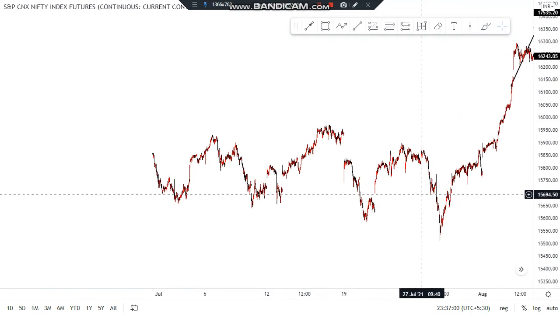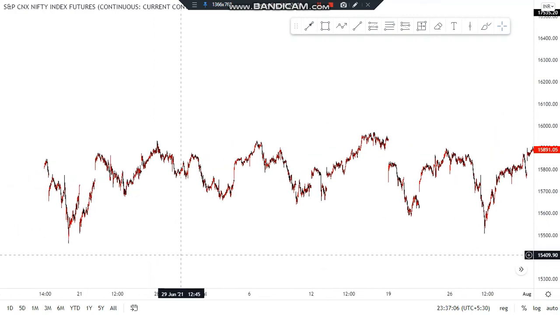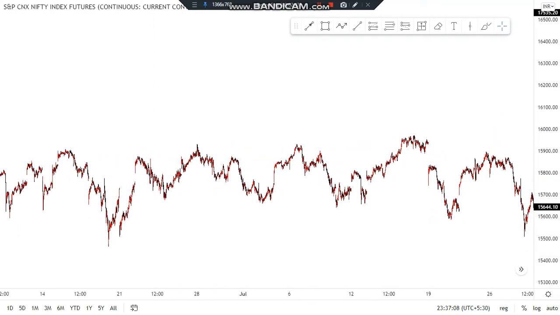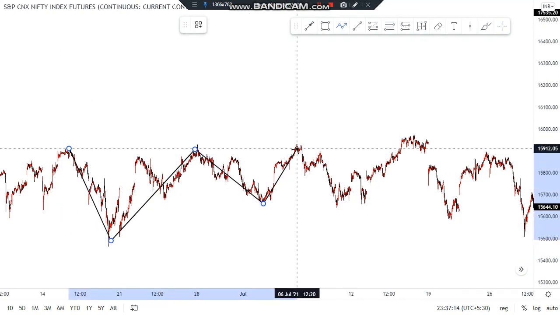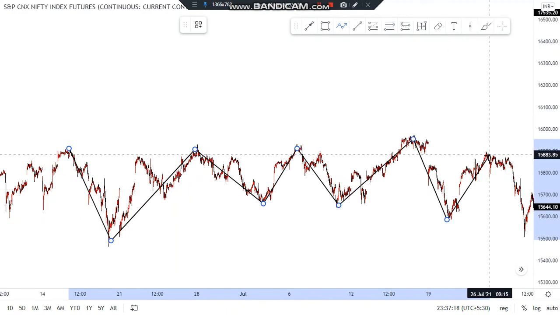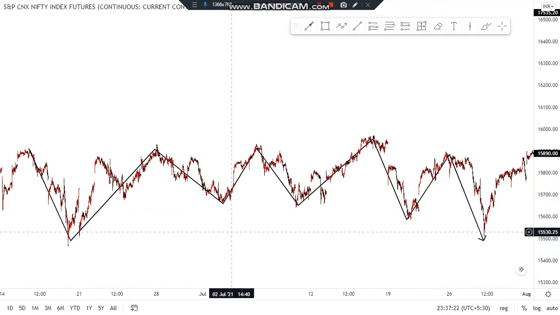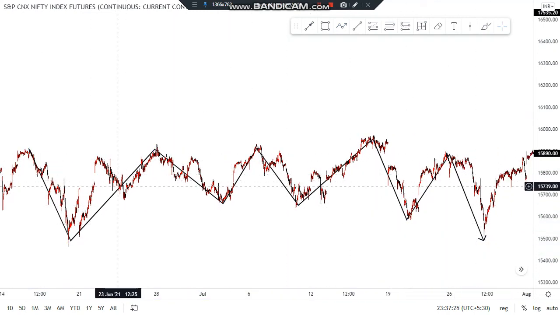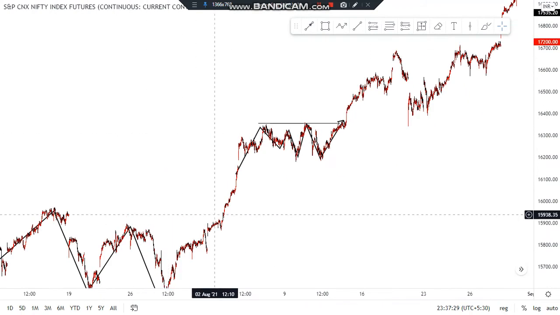Okay, so here as you can see, the market has been ranging for a longer period of time, which you can confirm by equal highs and equal lows, equal high, equal high, equal low. Okay, so we can confirm in the 15-minute time frame that the market is actually ranging.